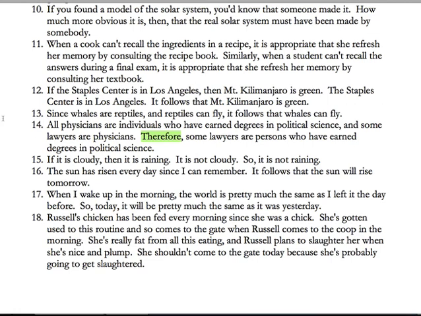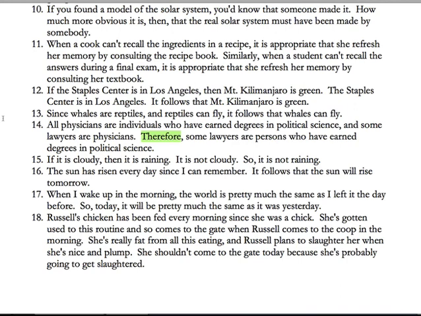Therefore is a conclusion indicator word, which means the conclusion is some lawyers are persons who have earned degrees in political science. The remaining sentences, and by that I mean the two discrete sentences, all physicians are individuals who have earned degrees in political science, period, and some lawyers are physicians, period, are the two premises.